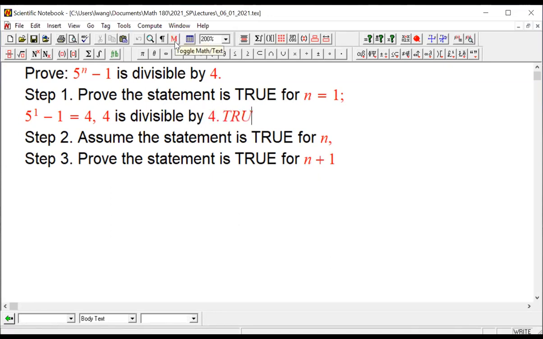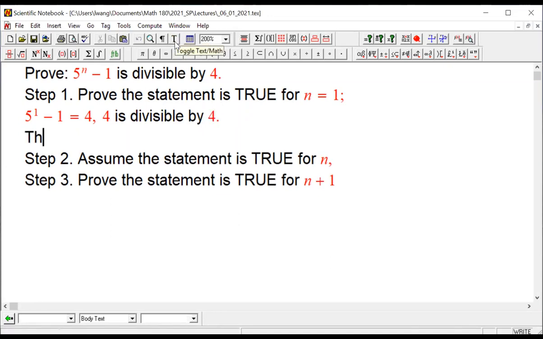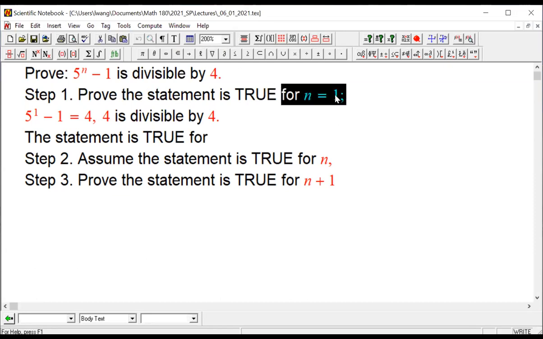So we can say the statement is true for n equals 1.